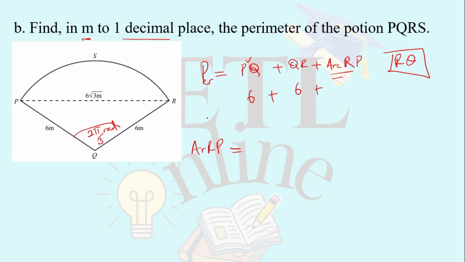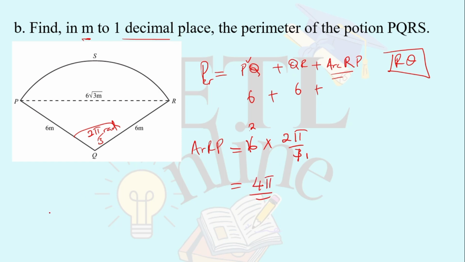Here we have our radius and our angle, so it's very easy. I'm just going to say our radius is 6 meters times our angle is 2 pi over 3. Our angle is in radians, so it's very easy. You can say 3 into 6 is 2, so now we can say 2 times 2 pi, it becomes 4 pi. So this is going to be the arc.